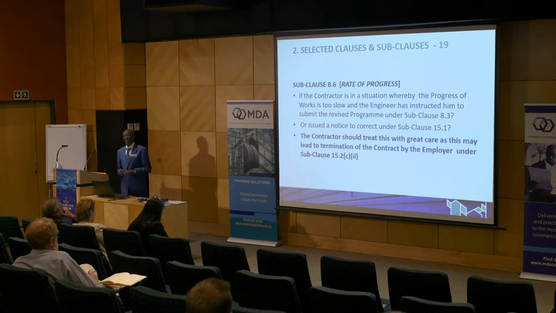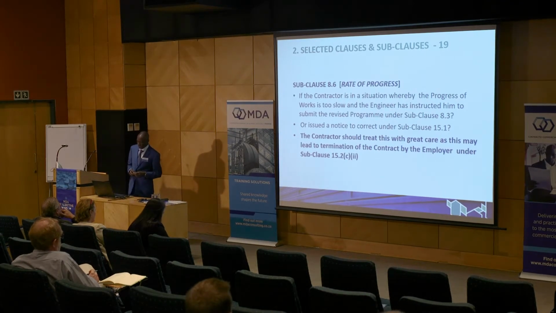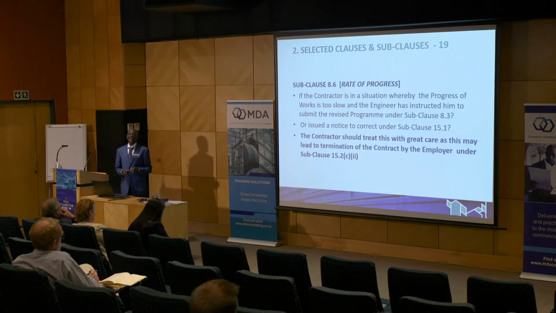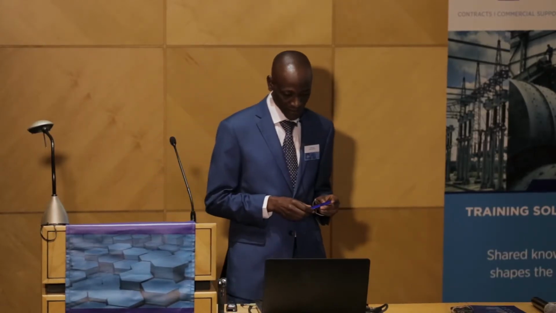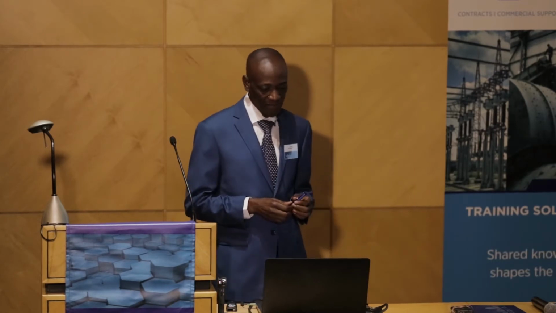Or, to some extent, the engineer has issued a notice to correct under subclause 15.1. This is something the contractor must treat with great care, because this can lead to termination of the contract by the employer under subclause 15.2.